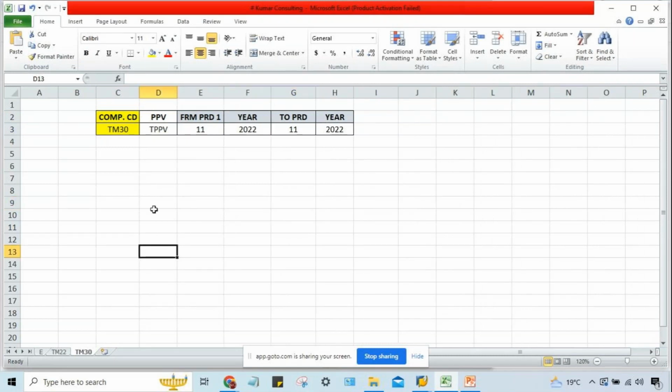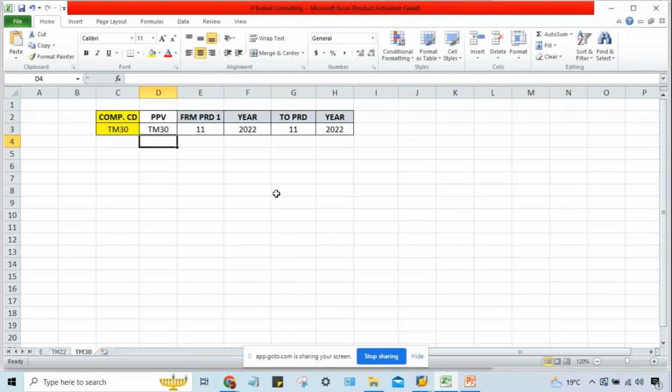The posting period variant: you have 11. I've opened the 11th period. It means what is happening now? Posting period variant. Here also I've given the code TM30 itself, right? TM30. This code I've given.